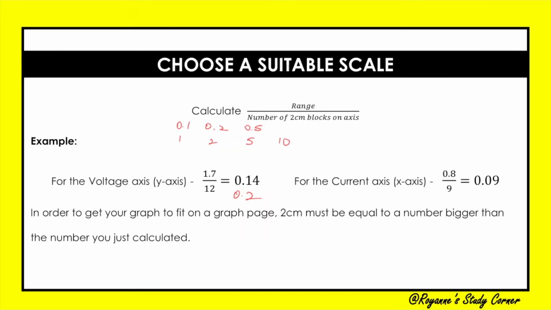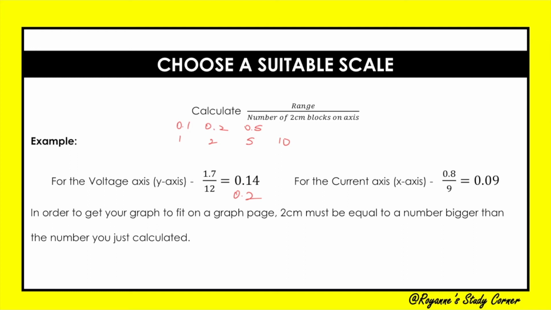We divide by 2, because if we come back to our graph, we'll see we have 1, 2, 3, 4, 5, 6, 7, 8, 9. So we know in order to figure out what range we have to use, we divide our 0.8 by 9 and we get 0.09.